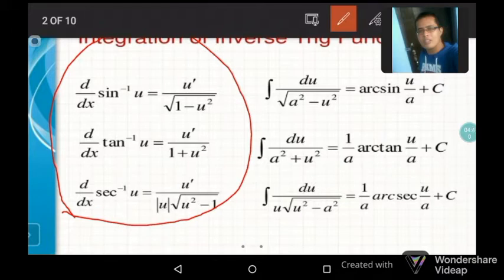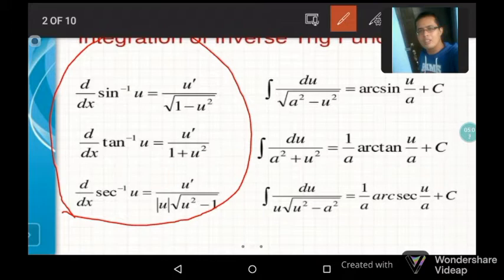Okay, ang u prime is parehas lang siya sa dy over dx or y prime or dy, no? So ang importante lang naman diyan is hinahanap natin yung derivative. Now, derivative of arctan of u is u prime over 1 plus u squared.